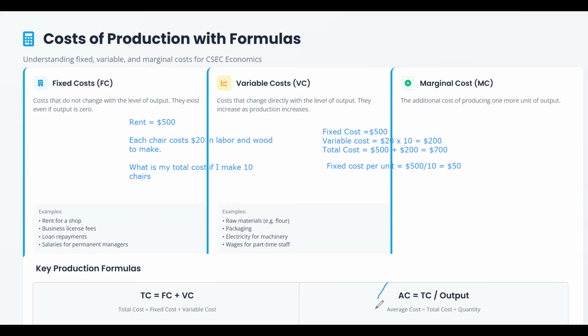That's this right here. Your average total cost is your total cost divided by your total output, or the total goods you produce.